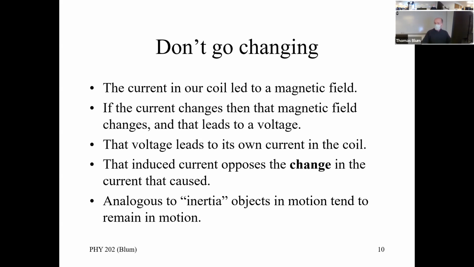It's analogous to inertia. I don't know if you've heard the phrase, things in motion tend to stay in motion, things that are still tend to remain still. That's inertia. And this is sort of an electromagnetic equivalent of that. This effect makes it harder to change currents.